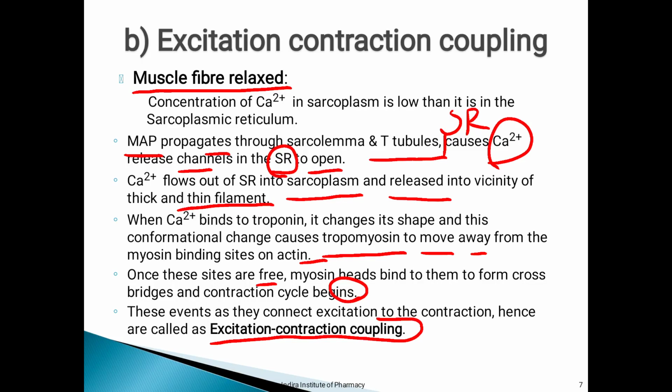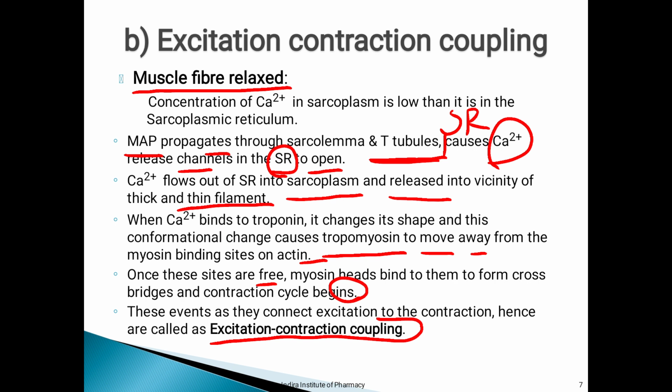We have seen in the previous diagram how the muscle action potential reaches the muscle fiber, that is the sarcolemma, the motor end plate of the muscle fiber, and then how it travels from the sarcolemma to the T tubules, then to the sarcoplasmic reticulum, then it causes the calcium channel to open, which in turn causes calcium to enter into the sarcoplasm.